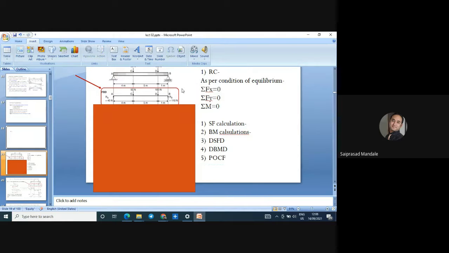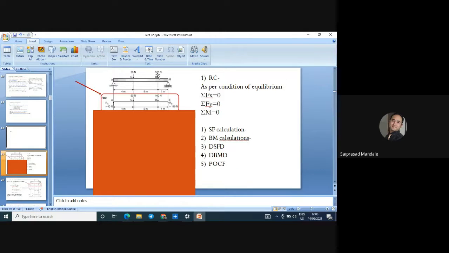Whatever the loading diagram is, we have to draw it on a separate page. Once we draw the loading diagram, we have to project the projection till the end of the page. Then we have to draw a line up to the length of AB.